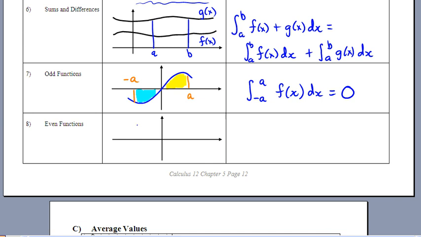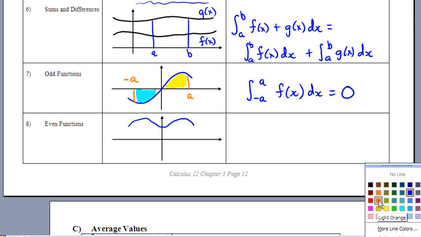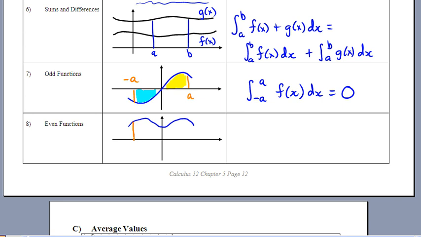Likewise, there's a bit of a time saver here if you know you've got a function that's even. It's doing identical things on opposite sides. If you're ever asked to integrate from negative a to a, well, those areas won't cancel, but they will look identical. So whatever area you have for this story, you've got the same area for that one there.